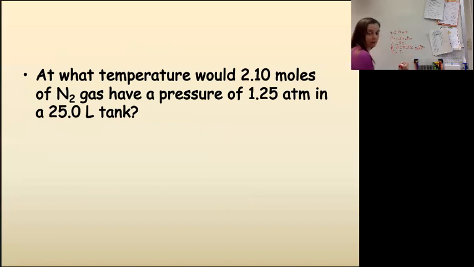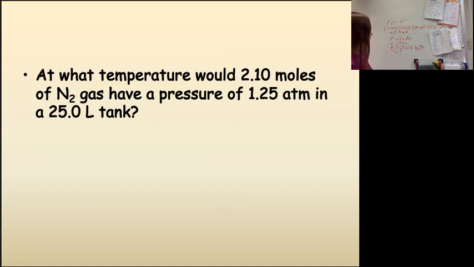So now we're just going to plug all of this into our equation, PV equals nRT. Our pressure is 1.25 atmospheres. Our volume is 25.0 liters. Number of moles is 2.10 moles. R is 0.08206. And then temperature, which we're going to solve for.